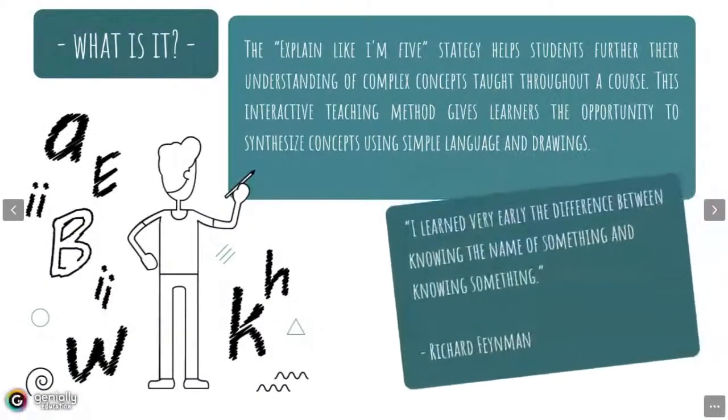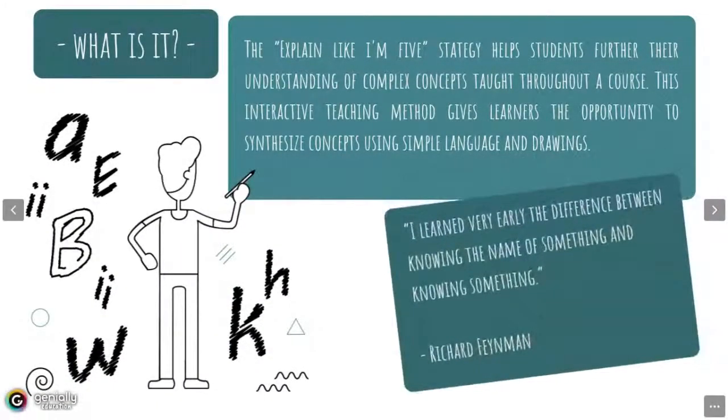So I came up with the Explain Like I'm 5 strategy, which helps students understand complex subjects in a course and simplify them, and gives them a learning opportunity that can be fun, by synthesizing concepts and using drawings and words.